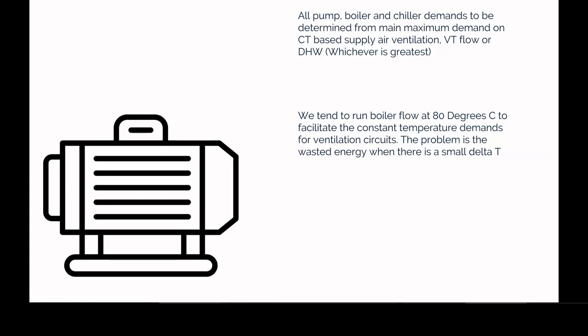I did say this was going to be a complex conversation. I hope you're still with me. What I'm trying to say here is, we believe this is a better way to control, from an energy perspective, both your pump speeds, rather than using valve positions, but actually use supply air set points as a way to understand what your maximum demand is.